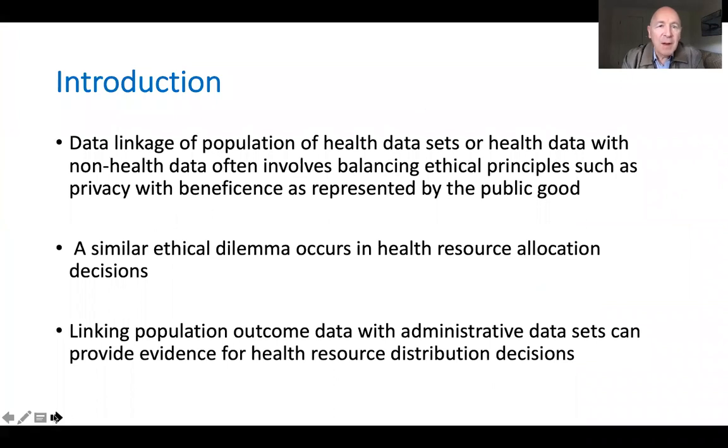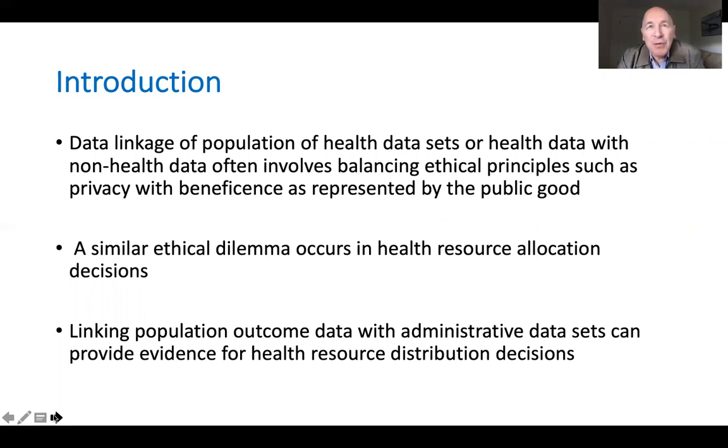So data linkage of population health data sets or health data with non-health data often involves balancing ethical principles such as concerns about privacy of individuals with beneficence as represented by the more general public good.